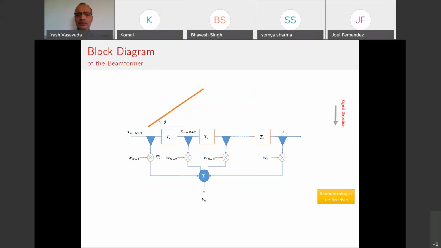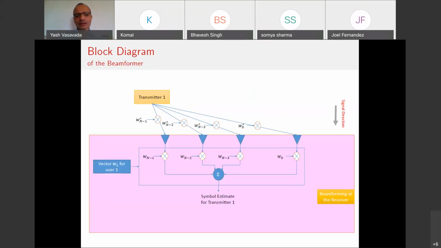We can also think of this diagram in a little different manner. Because of that d sin theta divided by c, the signal, which is assumed to be a narrowband signal transmitted by some particular transmitter located at some angle theta with respect to this uniform linear array, gets multiplied by these different coefficients by the time it reaches the different antenna elements.